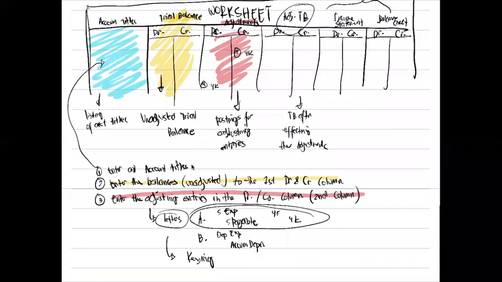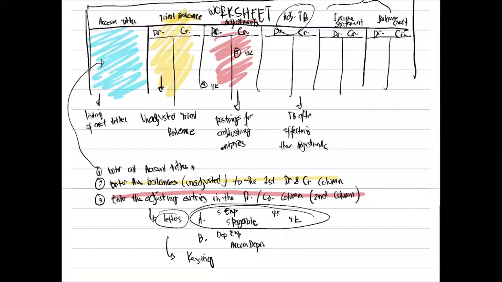So in your adjustment data, you just enter the adjusting entries in the debit or credit columns respectively, particularly in your second column. And you identify each adjusting entry with a letter. That particular letter will identify the debit and credit for the adjusting entries. So for example, we have here 4,000, letter A, that pertains to adjusting entry letter A. That is your salaries expense and salaries payable. We call this process keying.